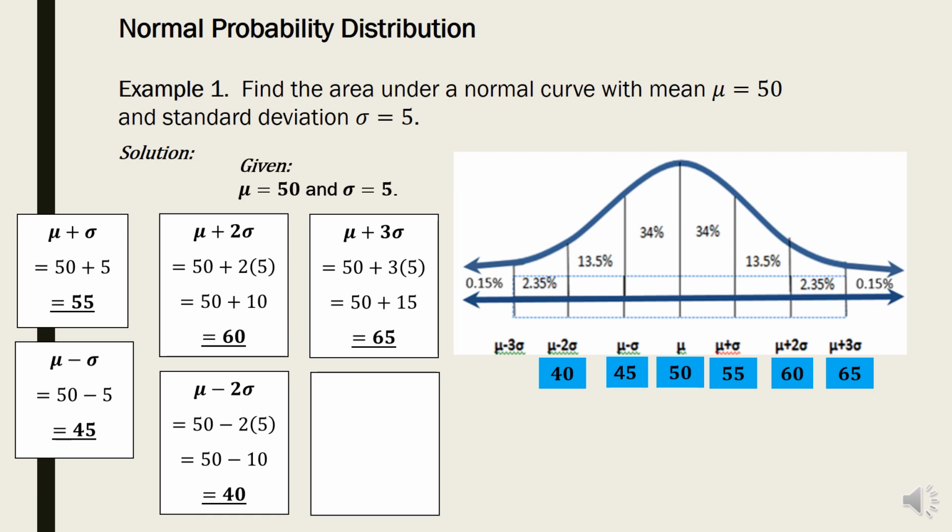And for the three standard deviations below the mean, we have mu minus 3 times sigma. Substitute the values, simplify, the result is 35. Therefore, the three standard deviations below the mean is 35. So we have now these values. And we can now answer the given problems.